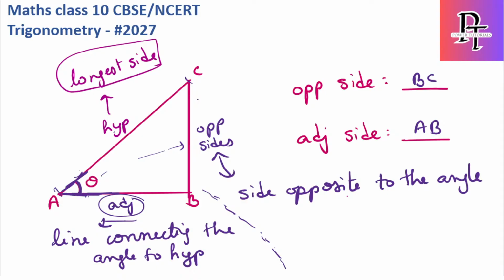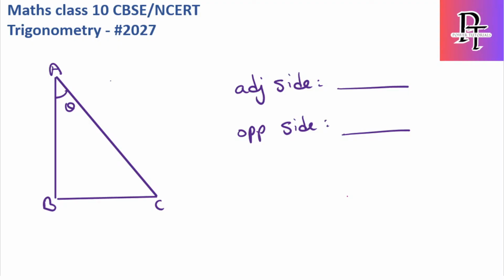Okay, let's move to the next one. What about this triangle? What is the opposite side and what is the adjacent side? As I mentioned, opposite to the angle. Here the angle we're talking about is here. So opposite to this is this one. So BC is the opposite side.